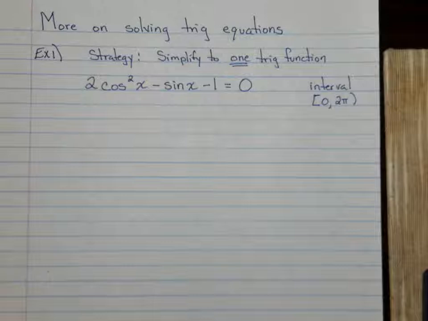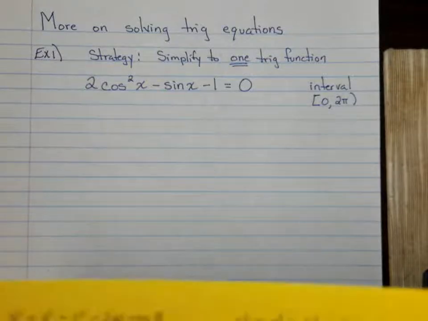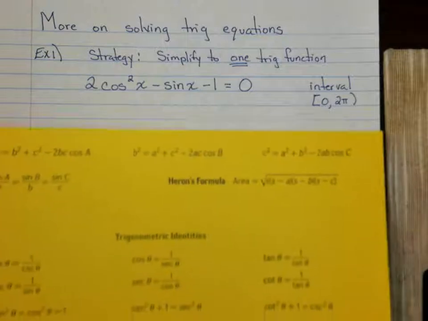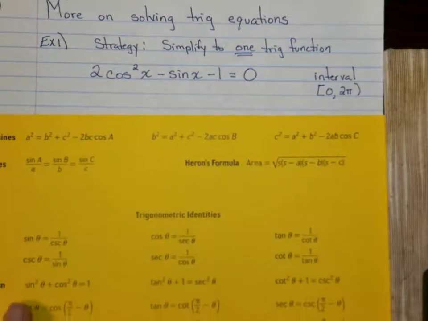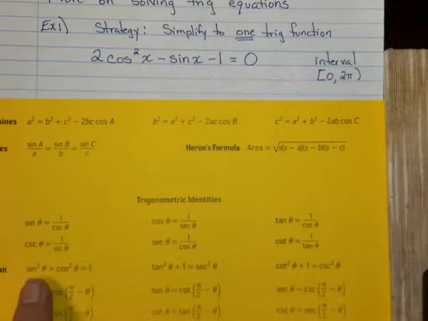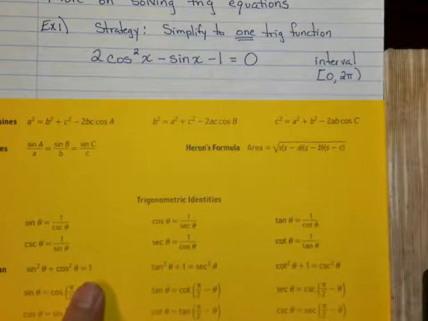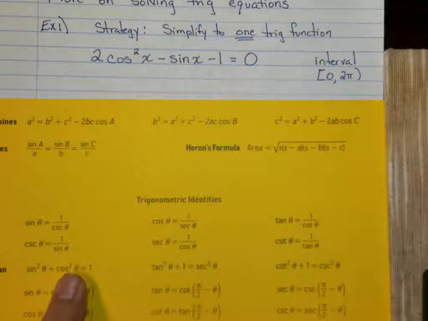Now, from your experience with simplifying, hopefully you realize it's usually easier to relate the squared term with the Pythagorean identity. Sine squared theta plus cosine squared theta equals 1. So I can say that cosine squared theta is the same as 1 minus sine squared theta.